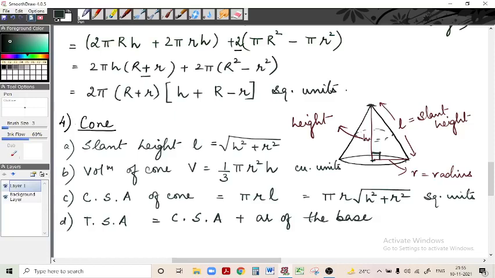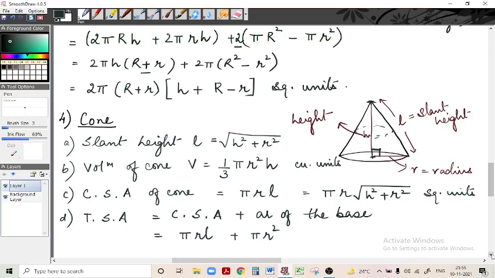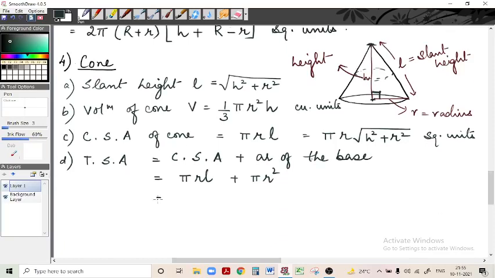Curved surface area is pi r l, and the base is circular in shape, so it will be pi r square. So what can we take common? We take pi r common, and we are left with l plus r. So pi r times l plus r, in square units.